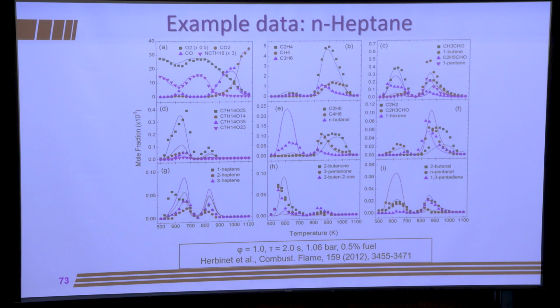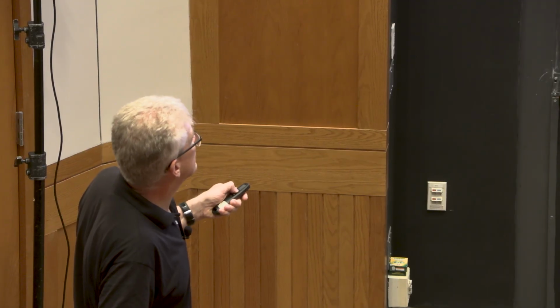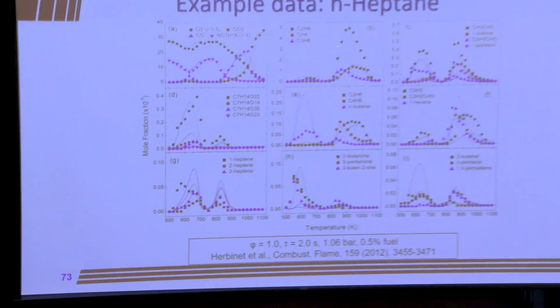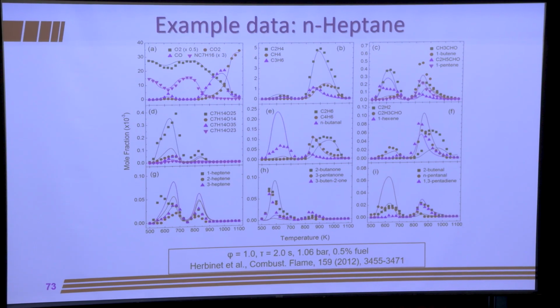So it's really valuable data to validate a model, to have these kinds of speciation profiles, because it really tests the detailed chemistry. Are we reproducing the fuel and oxygen profiles correctly? Are we producing the ethylene, methane, propene, all these major intermediates correctly?